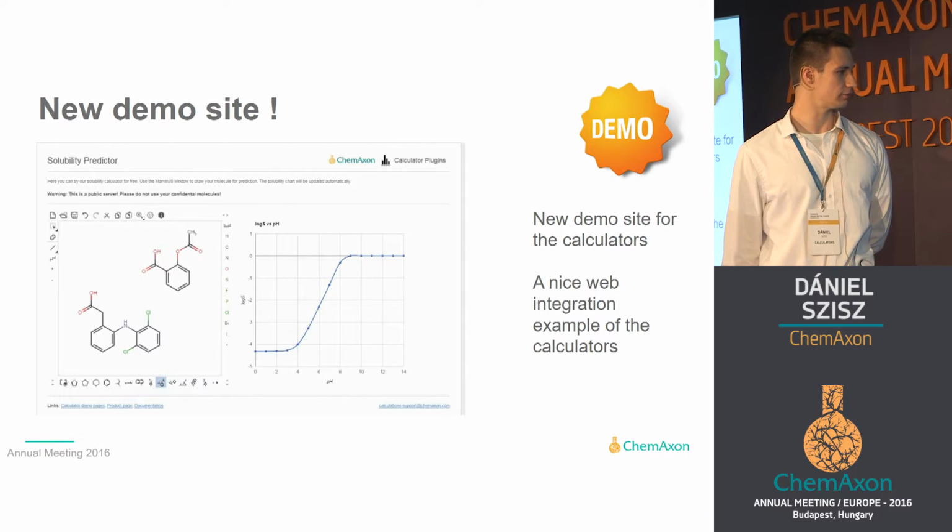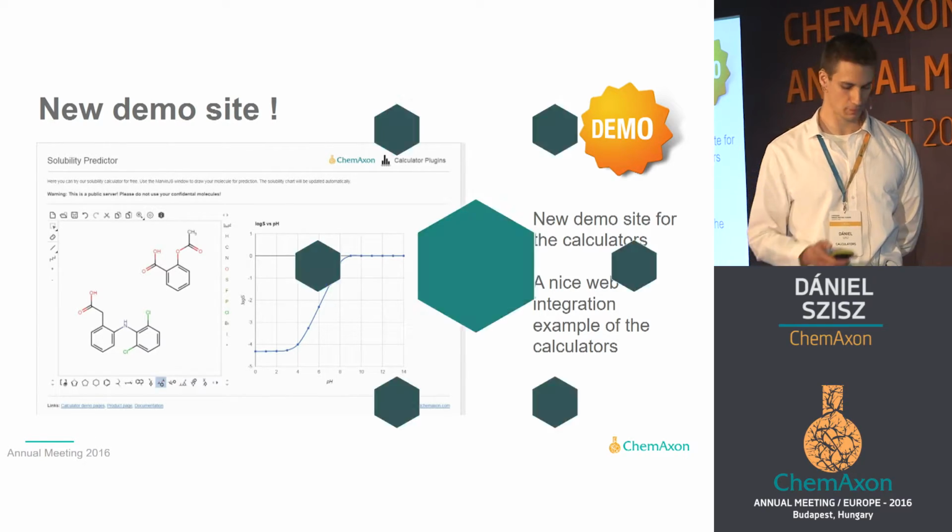Can I just ask, with the log S calculation, you're going to have a real domain of applicability problem if you're using similarity to do it. Do you give some estimate of that in the output, in terms of the probability of the prediction or the accuracy?